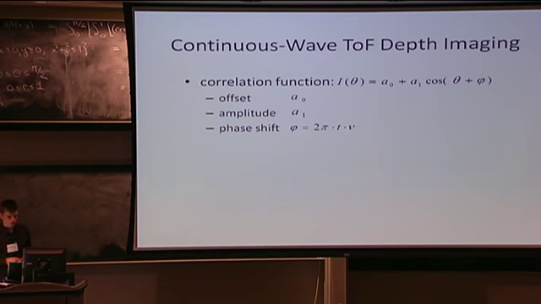The correlation function can be derived theoretically, for instance here, assuming a sinusoidal modulation of the light source and a rectangular reference function. Then the correlation function is given as this here. There are three unknowns, which are the offset, the amplitude and the phase shift, which gives the depth.